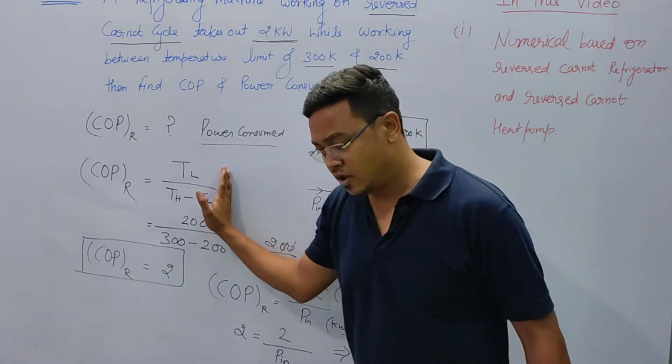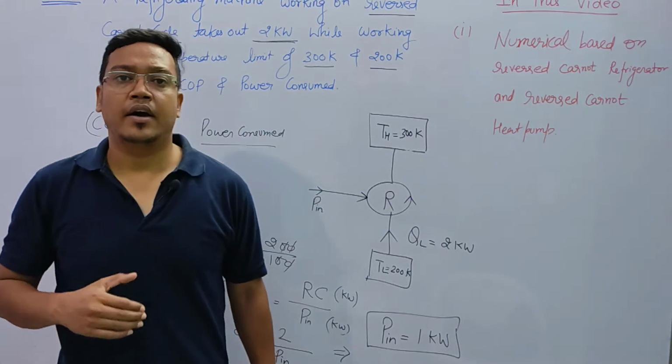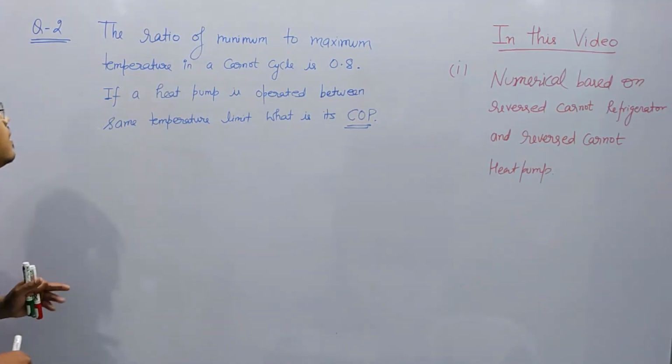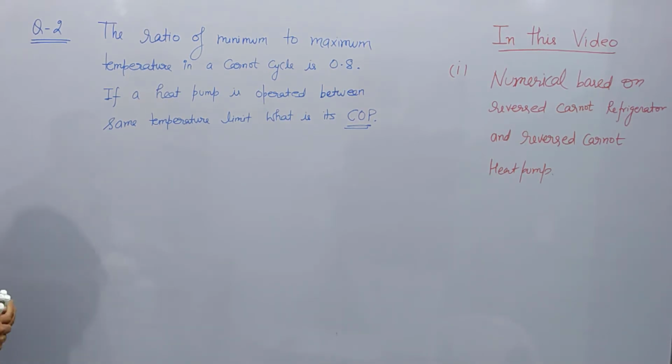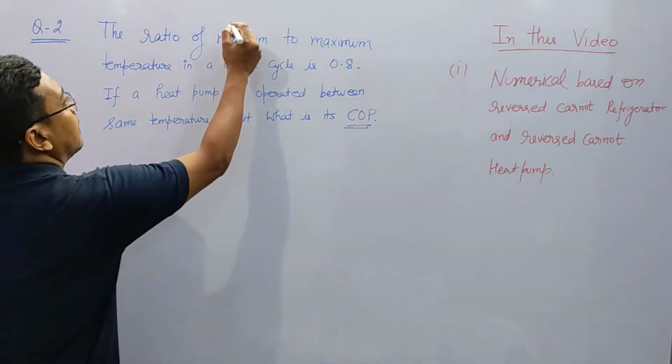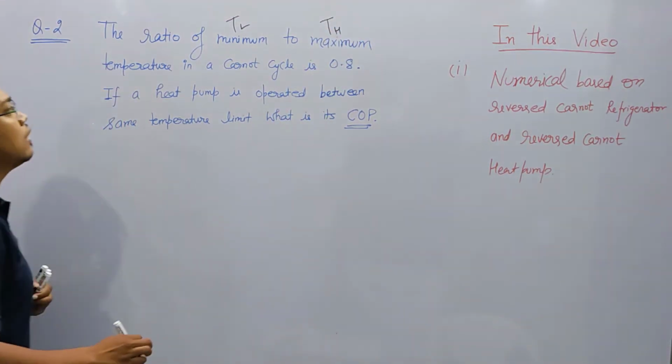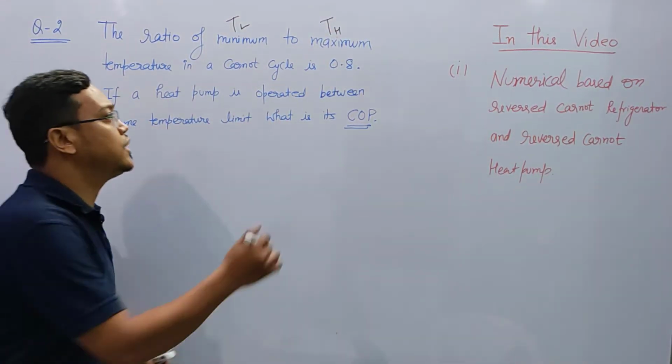Okay friends, so let's see the second example. In this question it is given the ratio of minimum to maximum temperature, it means TL and TH, in a Carnot cycle is 0.8.